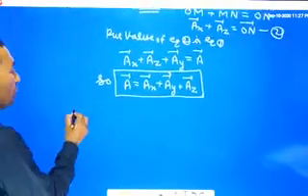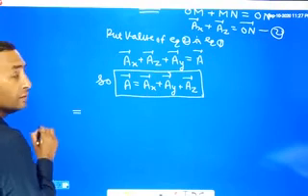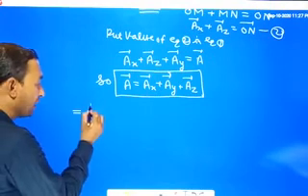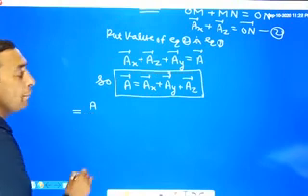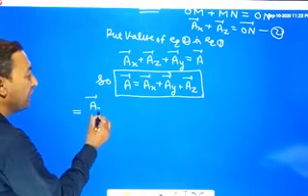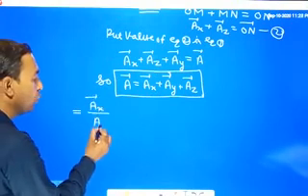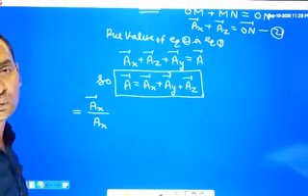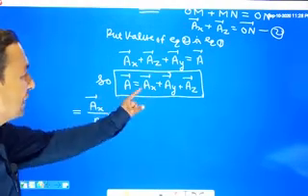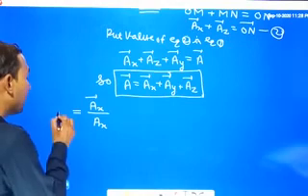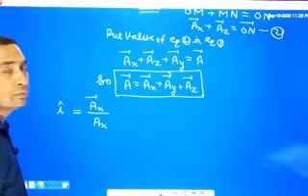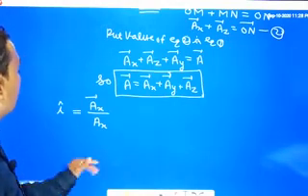Now we know that a unit vector is any vector divided by the magnitude of that vector. The magnitude of the x-direction vector is Ax. Then this becomes i cap, because the unit vector in the x direction is i cap.